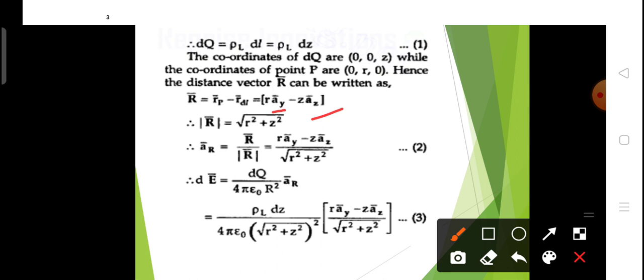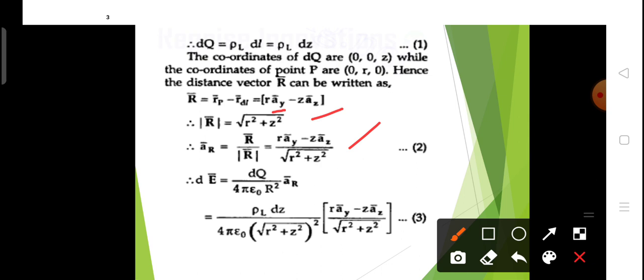Then modulus of r vector can be calculated using the formula square root of r squared plus z squared. Then we know that unit vector ar can be calculated as r vector divided by modulus of r vector, which is nothing but r aY vector minus z aZ vector divided by square root of r squared plus z squared.